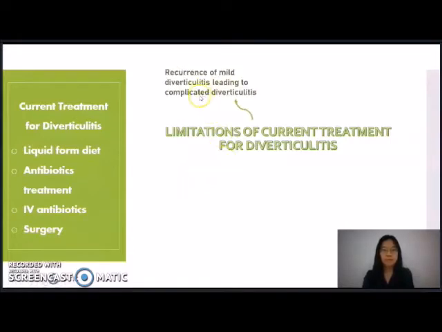The first limitation is recurrence of mild diverticulitis leading to complicated diverticulitis. As mentioned earlier, antibiotics can be used to treat mild diverticulitis. However, even though patients fully recovered from the first episode by antibiotics treatment, there is still a chance of recurrence which can turn into a more complicated case.